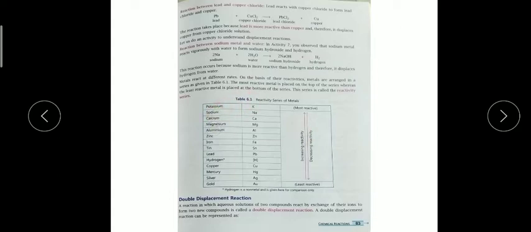Now what is a double displacement reaction? What is the difference between a double displacement reaction and a displacement reaction? Just by looking at the reaction, we can find out whether it is a displacement reaction or a double displacement reaction.